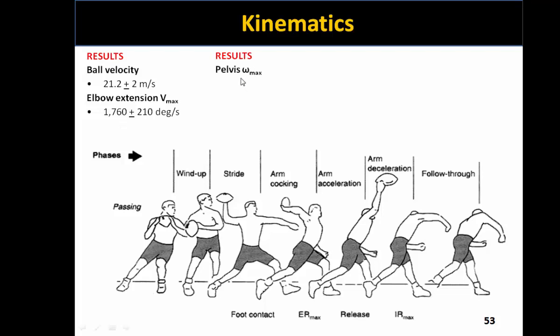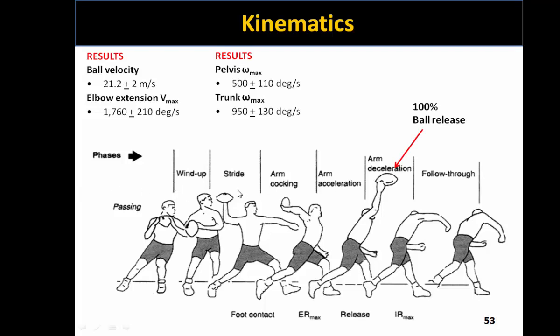The maximum pelvic rotation velocity was 500 degrees per second, and we also see a very fast trunk rotation velocity of 950 degrees per second. Notably, as we move from the pelvis to the trunk to the elbow extension, we see a progressive increase in angular velocities along that chain from the foot all the way up to the arm that is holding the ball.